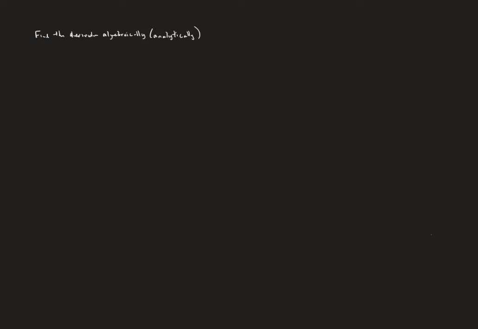So instead of using our calculator and plugging in a very small value of h, we're going to actually take the limit. And after we do that, so this is going to be part A, and then part B, let's see if we can find an equation of the tangent line to that function at that point.